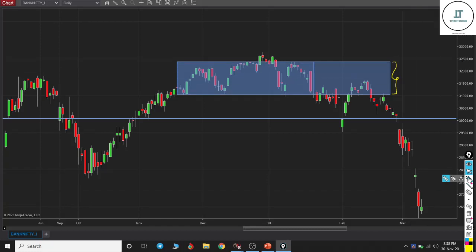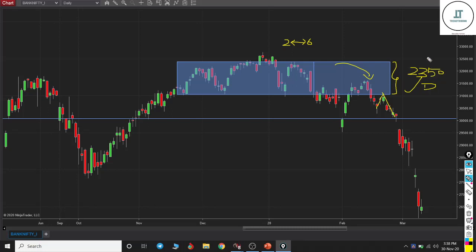That is almost 2,350 points of range in a span of 2 months and 6 days. Okay, in this scenario, 2 months and 6 trading days. So as price rejected, this confirms a distribution.